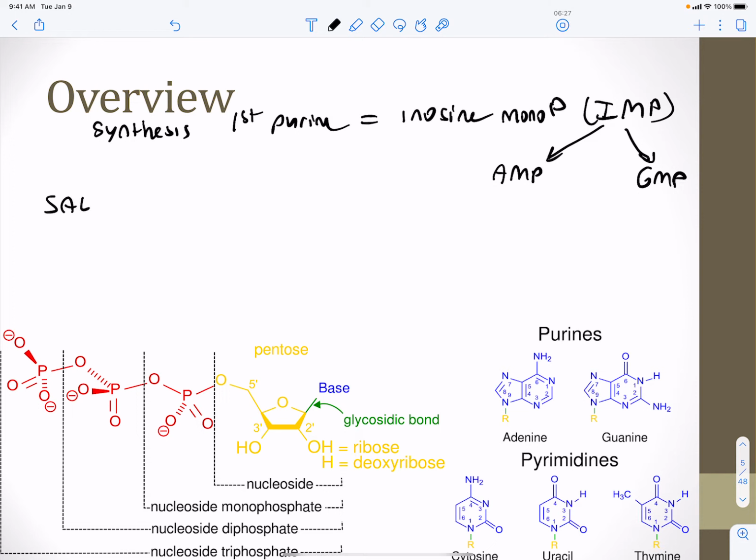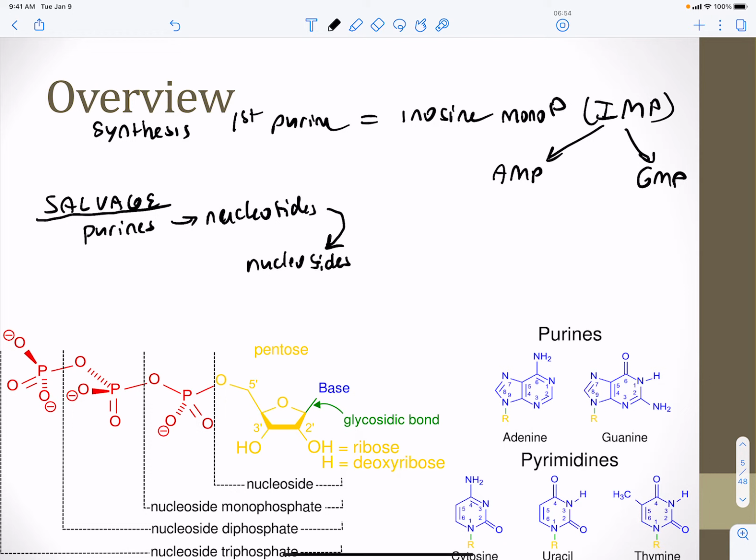So in your salvage, you can go from your purines to nucleotides, and then from our nucleotides into nucleosides, and then from our nucleosides into our free bases. And there's going to be interconversions between your adenosine, guanine, and your inosine with respect to the salvage pathways.